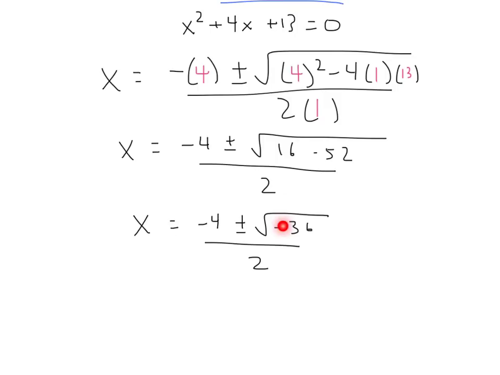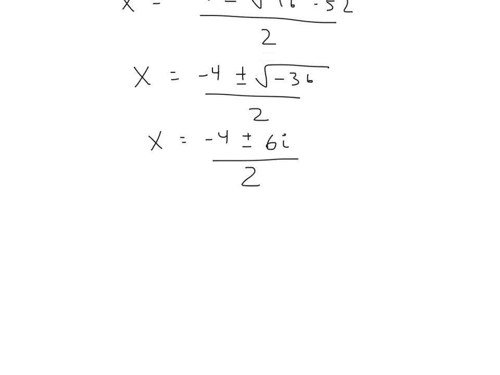We can take the square root of that. It's going to be an imaginary number. In fact, that would be -4 plus or minus here, the square root of -36 is 6i. So now we have this, -4 plus or minus 6i divided by 2.